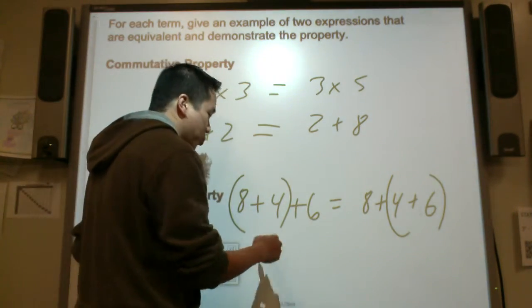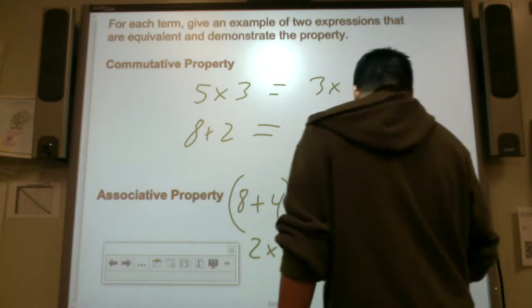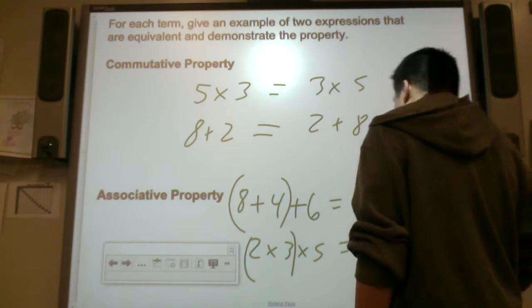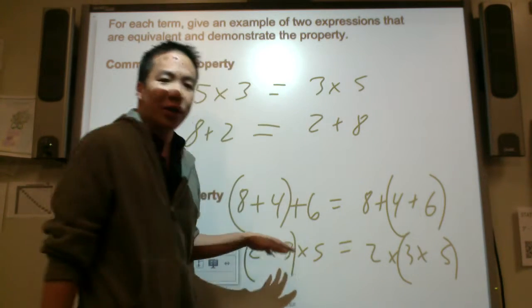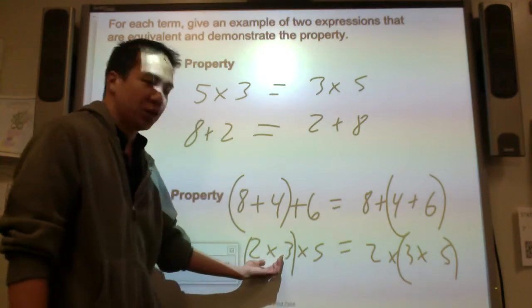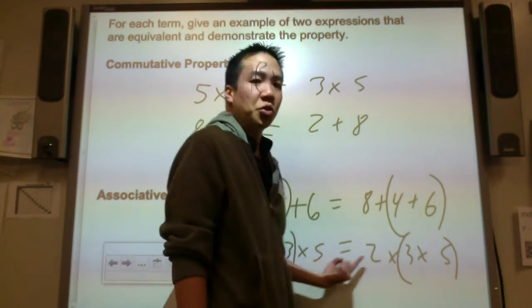And what if you use multiplication? 2 times 3 times 5 equals 2 times 3 times 5. When you multiply, even with parentheses or grouping symbols, it'll still be equivalent, because 2 times 3 is 6, 6 times 5 is 30. 2 times 15 is also 30.